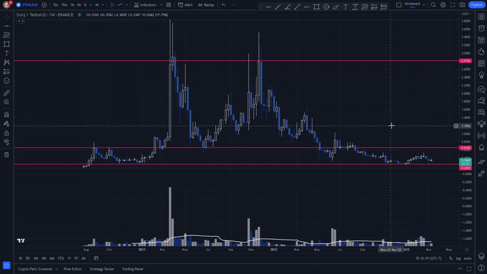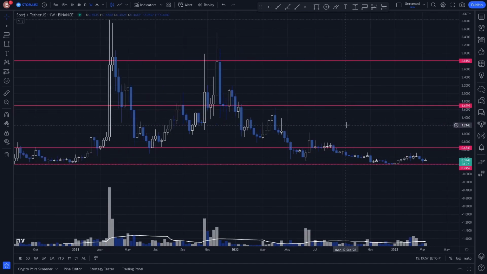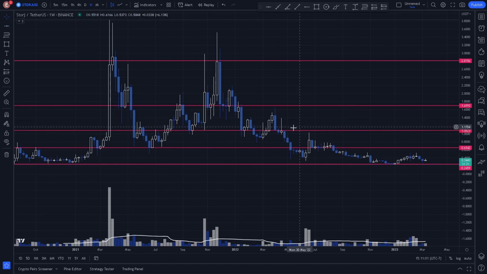Now, we also notice a key level right here where we see multiple reactions acting as support and resistance, as support, and a long wick reacting to the same key level as resistance here. So we can also go ahead and plot a key level here. So we see multiple reactions acting as support, support, and resistance.